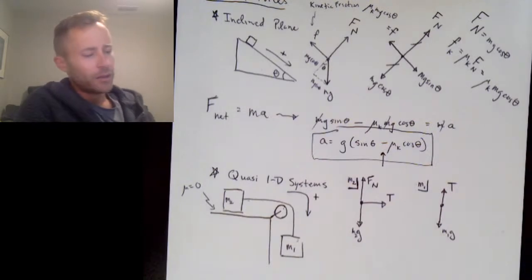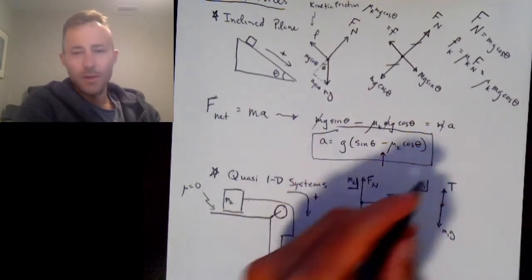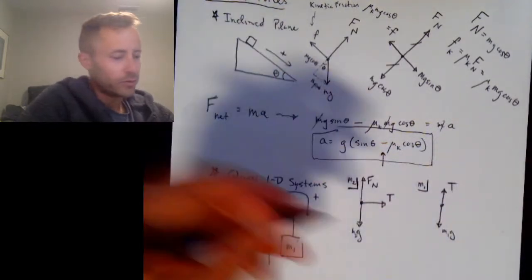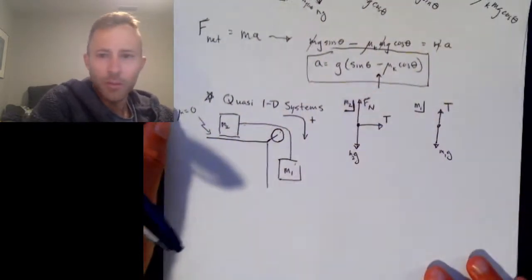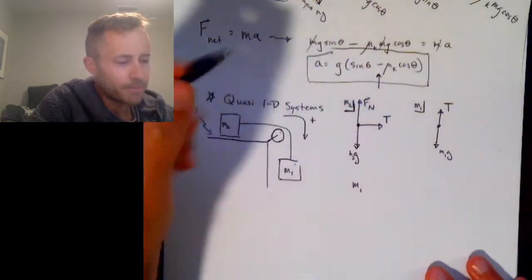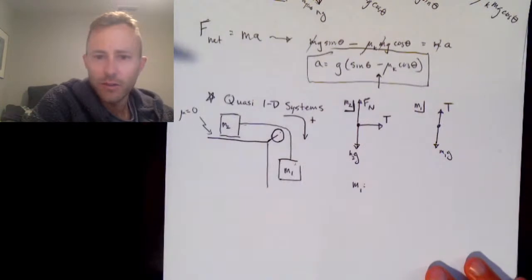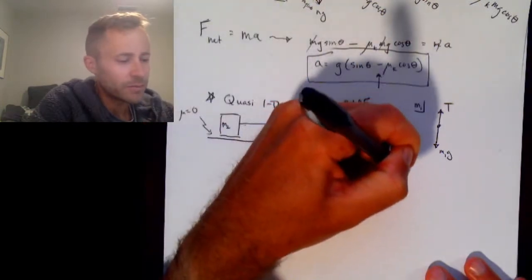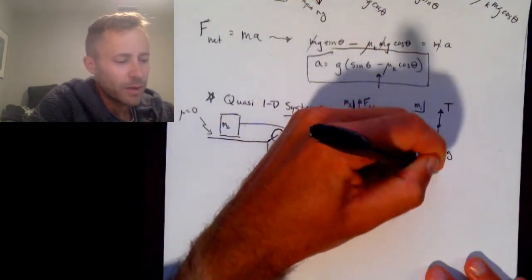At this point, we are going to write Newton's second law for both m1 and m2. For m1, Newton's second law says net force equals ma.